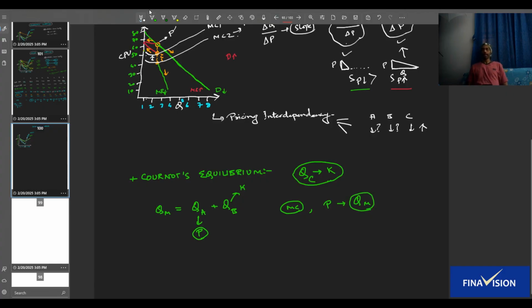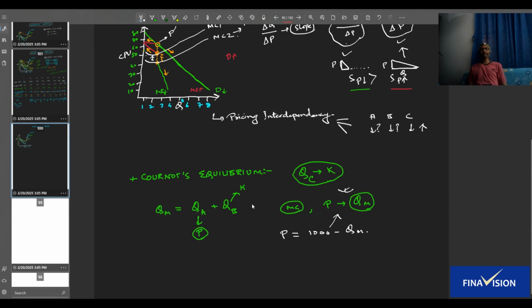So let's take a few assumptions here. Let's say price is equal to 1000 minus QM. This is the relationship between price and the market demand. So this part is now known.